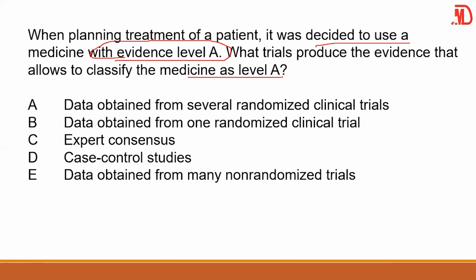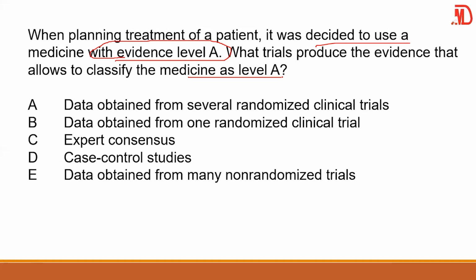That is what level of evidence is all about. So it's more or less ascertaining that something is of high quality, something can be used for the patient, you can use that thing to cure that particular disease.